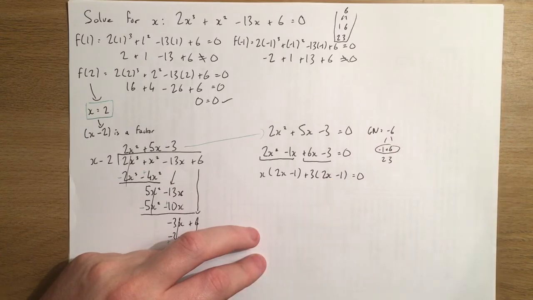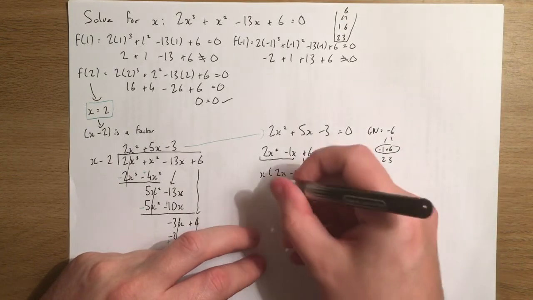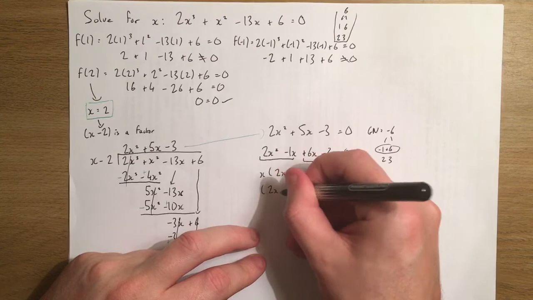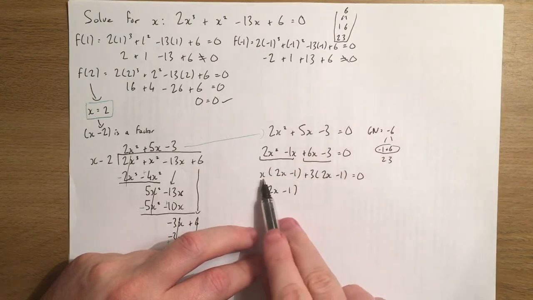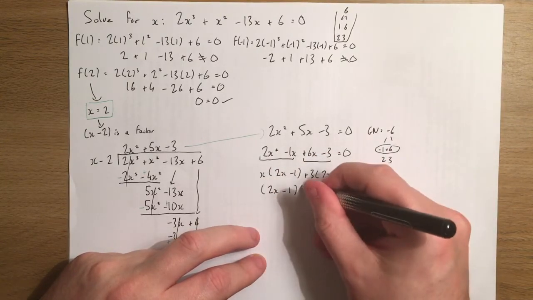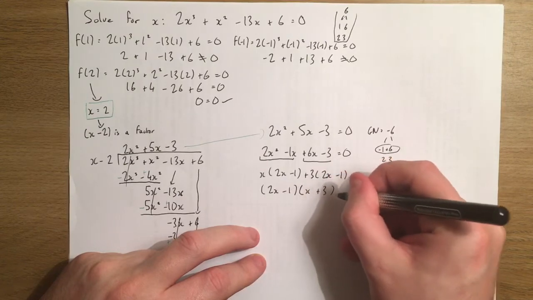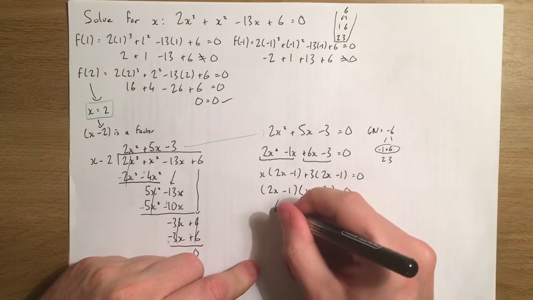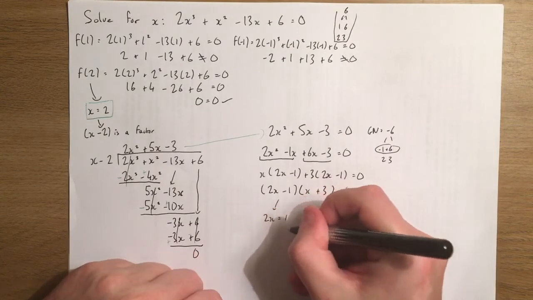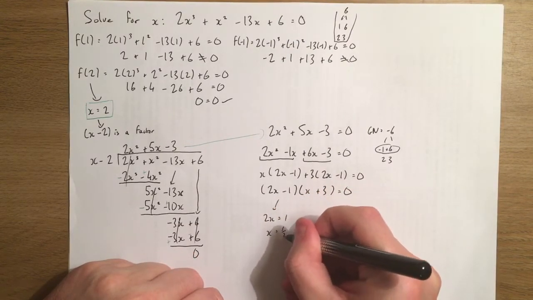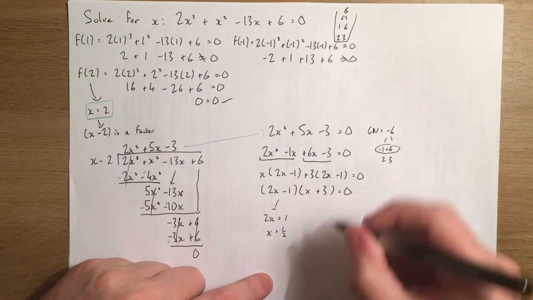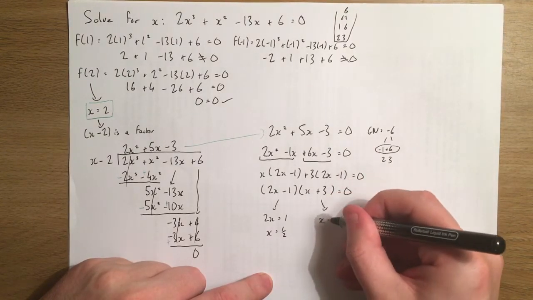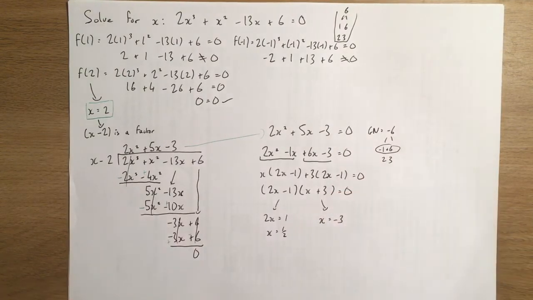Same thing in both brackets, you've done it right. Factorize that 2x minus 1 out. And you're left with x plus 3 equals 0. So if 2x minus 1 equals 0, then 2x is equal to plus 1. So x is equal to a half. If x plus 3 is equal to 0, then x is equal to minus 3.